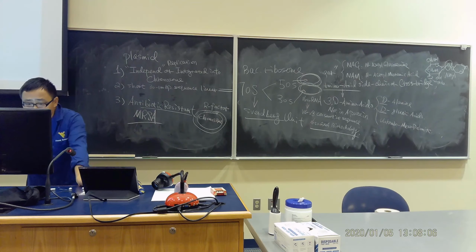External structure. Okay, we're going to talk about the pili, fimbriae, and flagella. For pili and fimbriae, we'll just talk briefly. These are very short, thin, hair-like appendages.